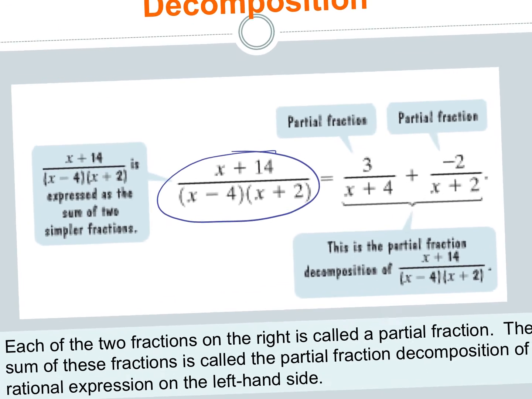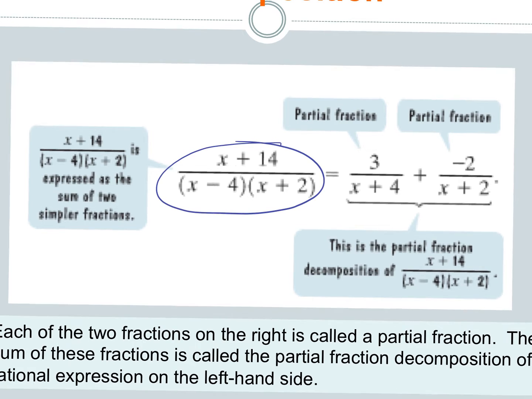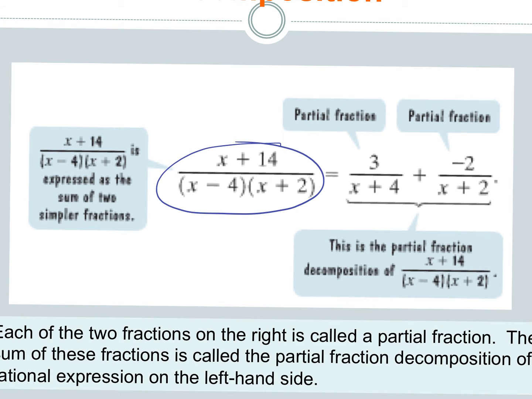If you look at this first slide, (x plus 14) over (x minus 4)(x plus 2), when you partially decompose it, it breaks down into 3 over (x plus 4) plus negative 2 over (x plus 2). If you were to add those two back together, you would get (x plus 14) over (x minus 4)(x plus 2). We're going to be going backwards. We're pulling it apart.